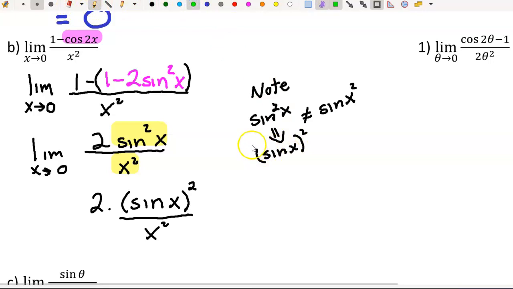So look how close this is: the quantity of sine squared and sine of x squared. If we take the sine of a number and then square it, it's not the same as squaring the number and then finding the sine.